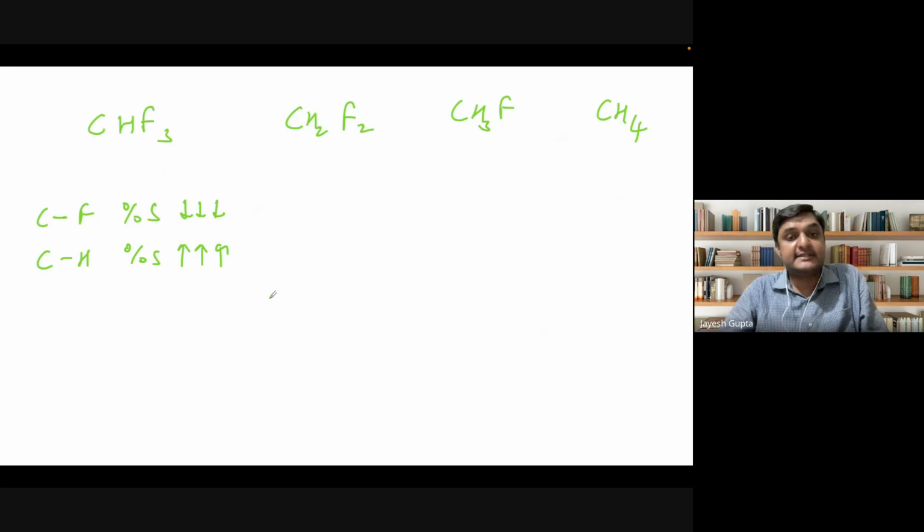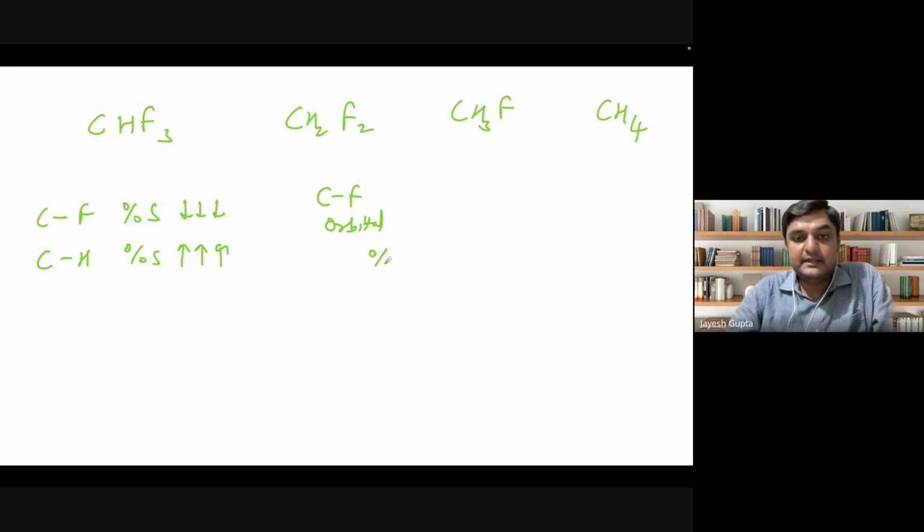So more percentage S character, the bond will become shorter. Here also you can see the carbon fluorine orbital, percentage S will be increased, but to lesser extent, because there are 2 fluorine atoms.